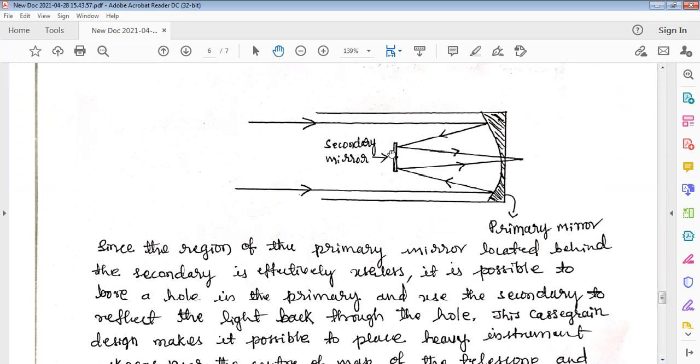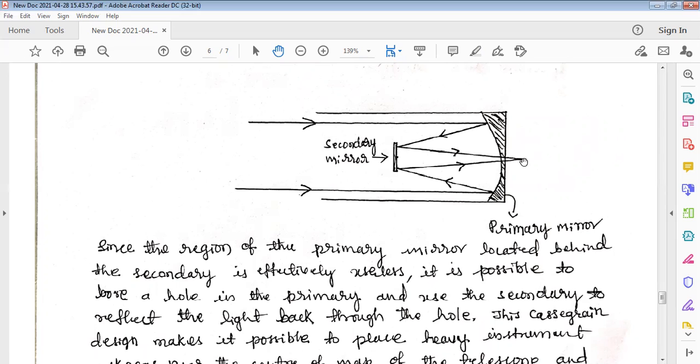Making use of Newton's idea, Cassegrain kept a flat mirror near the focal point of this concave mirror, vertically, that means perpendicular to the optic axis of this concave mirror, so that the rays reflected from the concave mirror meet this mirror here, and they are again reflected in this direction and converge here.